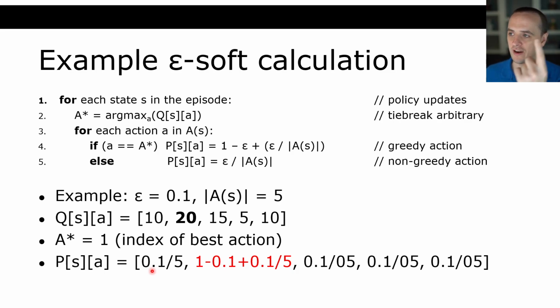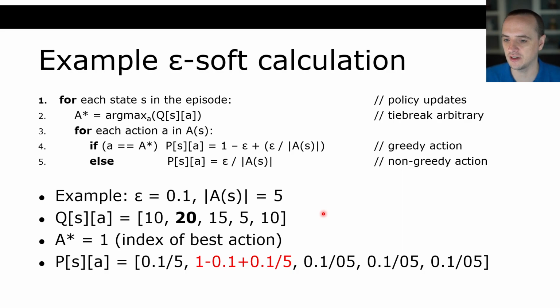Because we're choosing a random action 10% of the time, and then we have a 1 in 5 chance of choosing this thing as the random action. So choosing action 0 will have a 2% chance of being chosen, which is 10 divided by 5, right? Similarly, action 2, 3, and 4, they also have that probability of being chosen. However, because action 1 is the greedy action, well, epsilon is 0.1, so 1 minus 0.1, that's 90%.